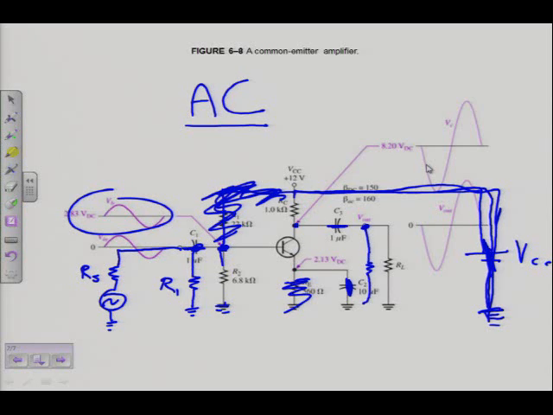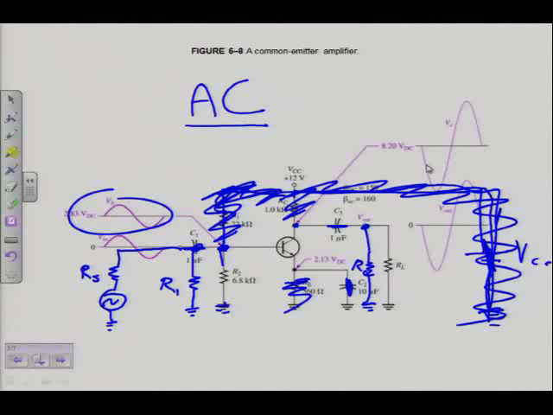Then I can draw that resistor in there, and that is RC. And now I can see that RC is also in parallel with RL, and I can also remove that part of the circuit. And that is my simplified or equivalent AC circuit for this amplifier.